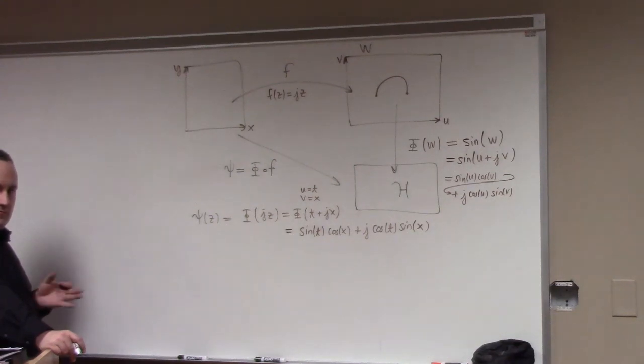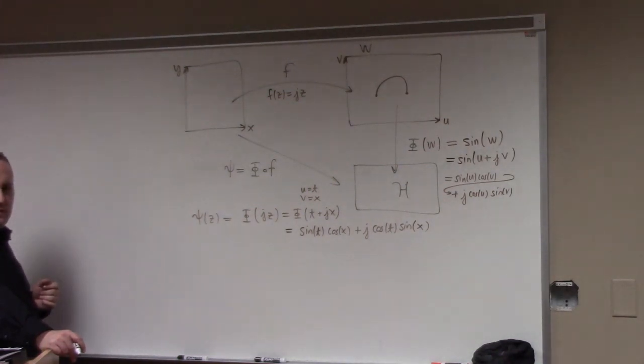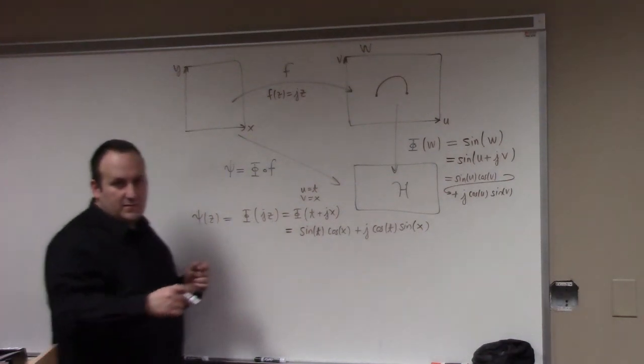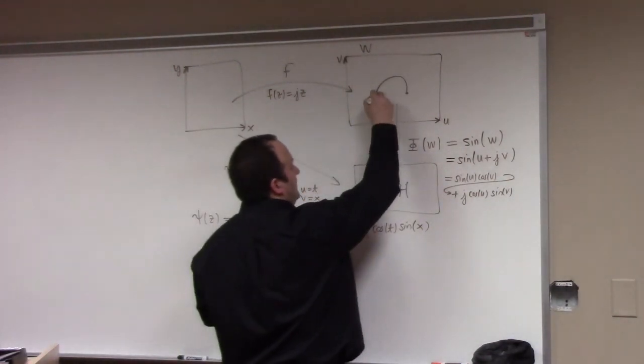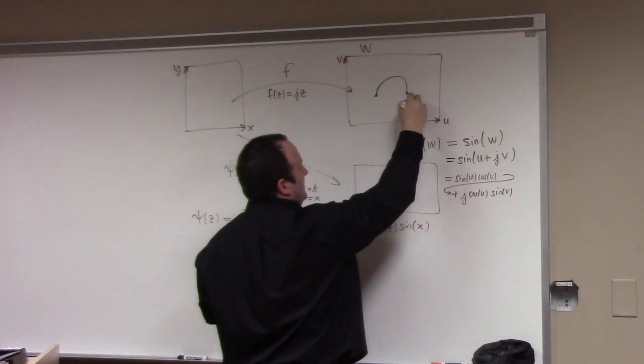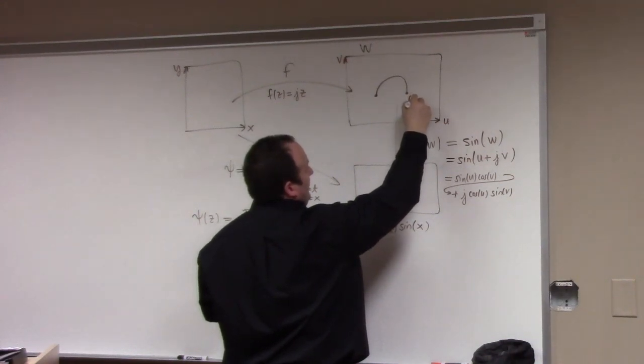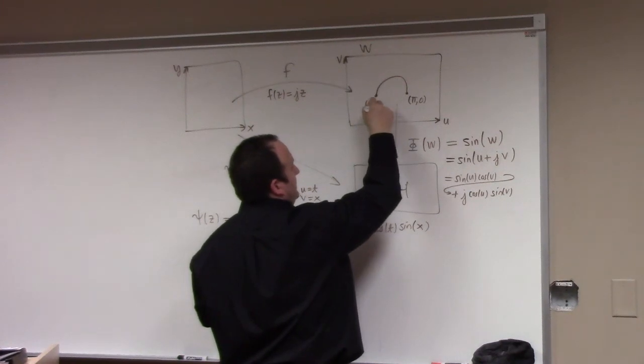Did I do the calculation? I think that if I track back, this point would be pi, 0 and this is 0, 0.